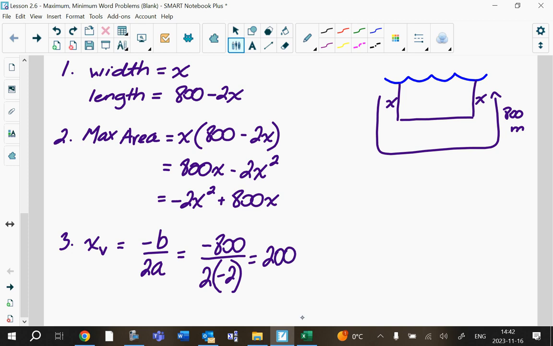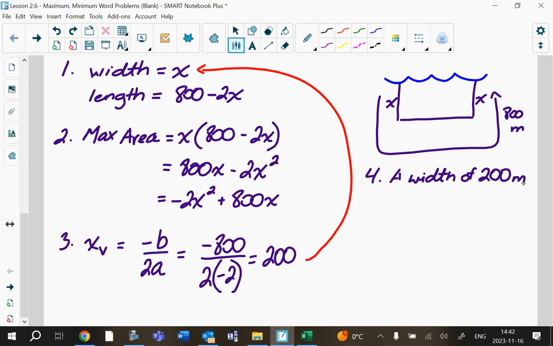What does that represent? It represents what we started right at the beginning of the question. That's the width. A width of 200 meters will give us the maximum area.